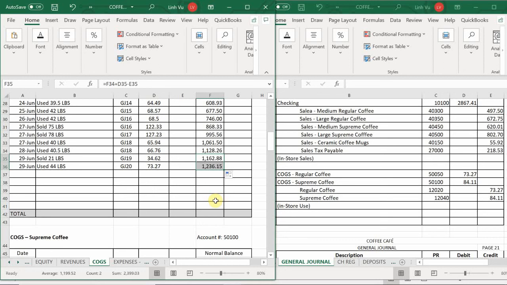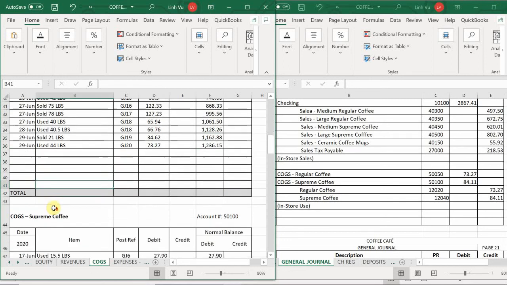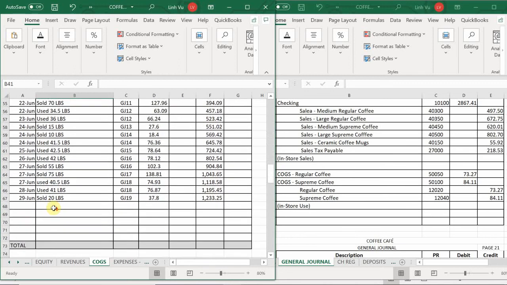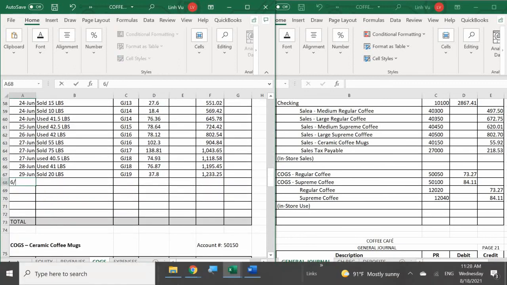Did everybody get that? 1236.15. Yes. We got to update our Supreme coffee here because we ended up using 44.5 pounds for a total of $84.11.